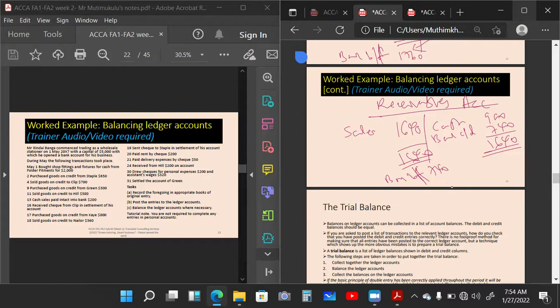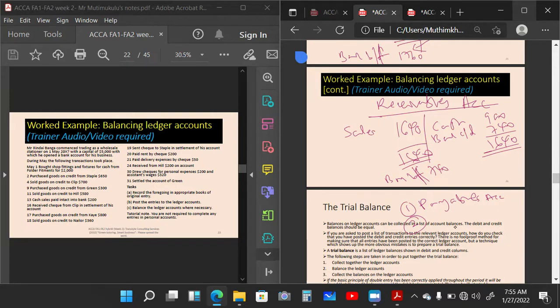I want you to show me the T accounts for payables, because I've done the receivables account. For payables, you just come up with something using this logic. The payables account, I want to see that as part of your assignment.